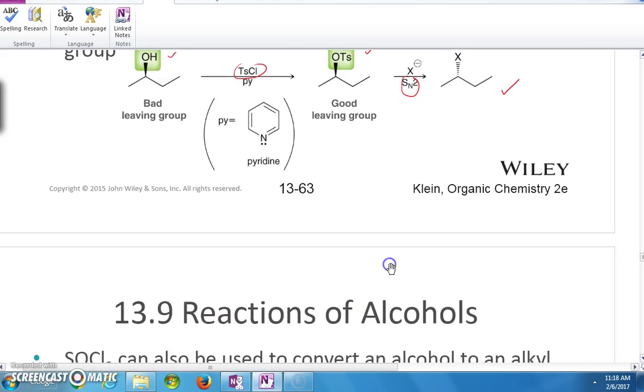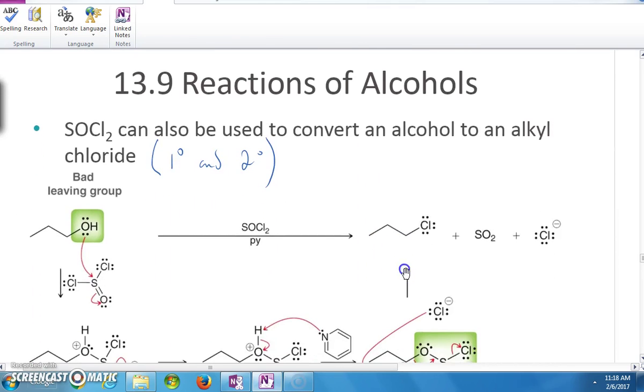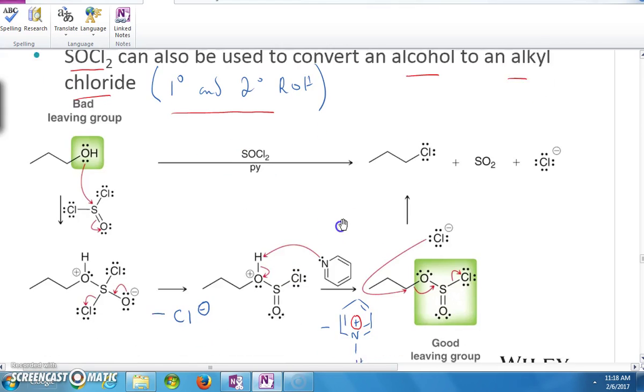to yield the completely inverted configuration about the stereocenter. Now, thionyl chloride can also be used to convert an alcohol to an alkyl chloride, but this works strictly for primary and secondary alcohols. It will not work for tertiary, so remember that.